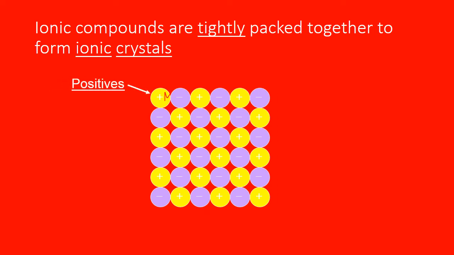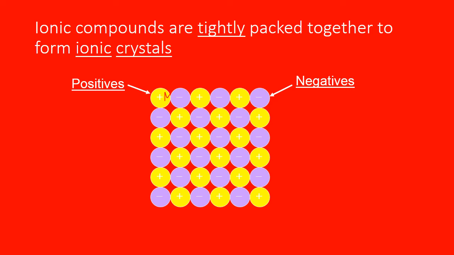The yellow ones are the positive ions and the blue ones are negative ions. These are closely packed together to form ionic crystals, and they are held in their position by the strong electrostatic force of attraction between these two opposite charges. Notice that in this ionic crystal, the ions are arranged in a regular pattern.